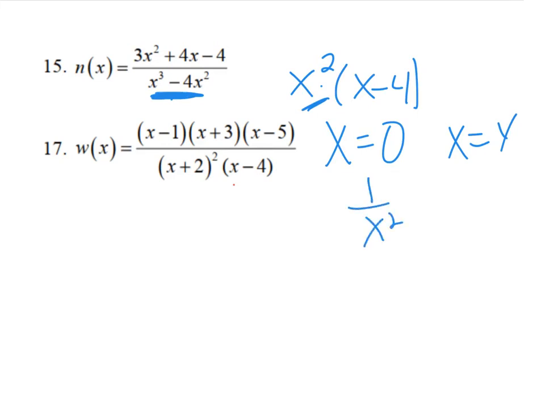Now for the numerator, I don't see any greatest common factor, so I'm just going to go ahead and say 3x times x is x squared. I also know that 2 times 2 or 4 times 1, and they're going to be 1 of each sign because it's got to be -4. And I see it's got to be 4 in the middle.